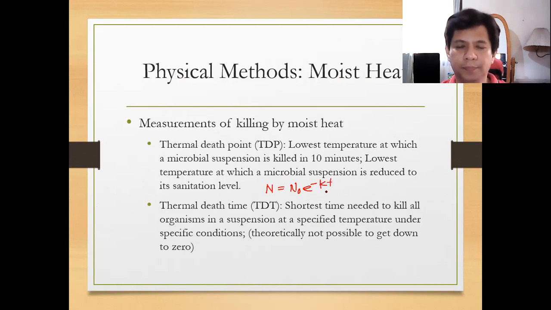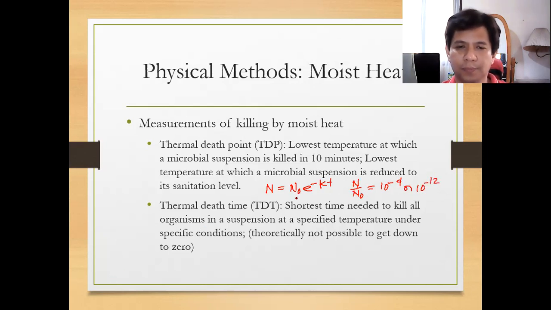Yan, gagamitin natin yan. Tapos itong time dito sa TDP, fixed yan sa 10 minutes. Yung K, usually given yan sa problem, yung usually what we have is the N over N sub O. Katulad kanina din-discuss natin, di ba? Yung N over N sub O, pwede siyang 10 to the negative 4 sa fermentation o kaya naman ay 10 to the negative 12 sa canning.